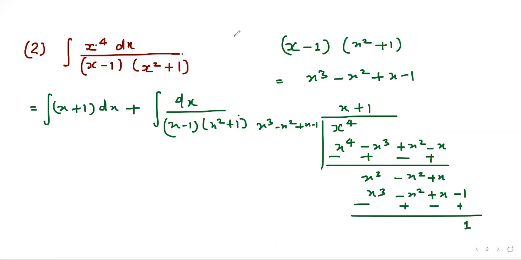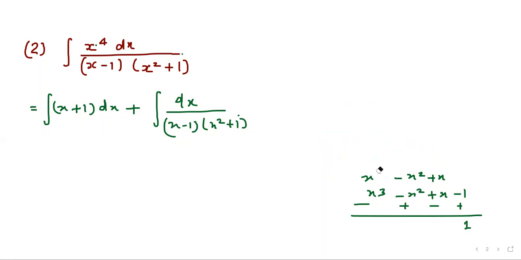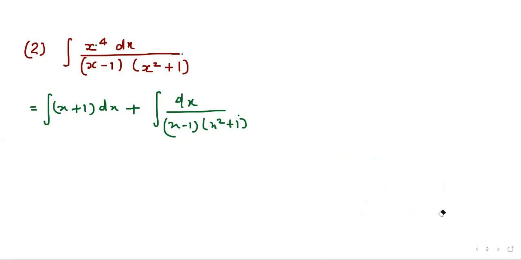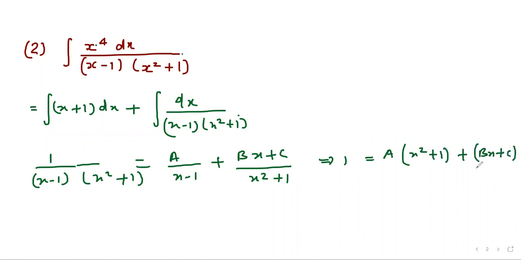Here we have to use partial fractions. So we write 1 upon (x − 1)(x^2 + 1) equal to A upon x − 1 plus (Bx + C) upon x^2 + 1, which will give 1 equal to A(x^2 + 1) plus (Bx + C)(x − 1).